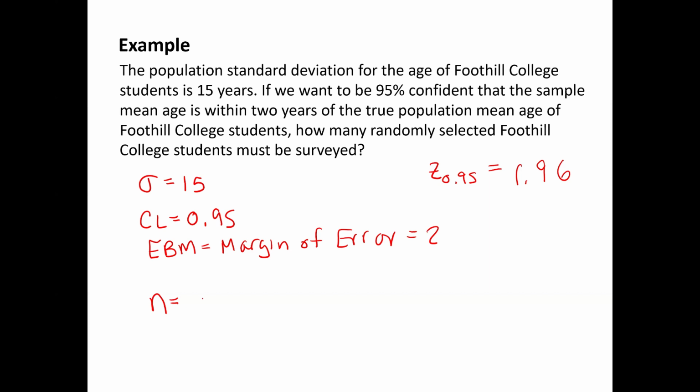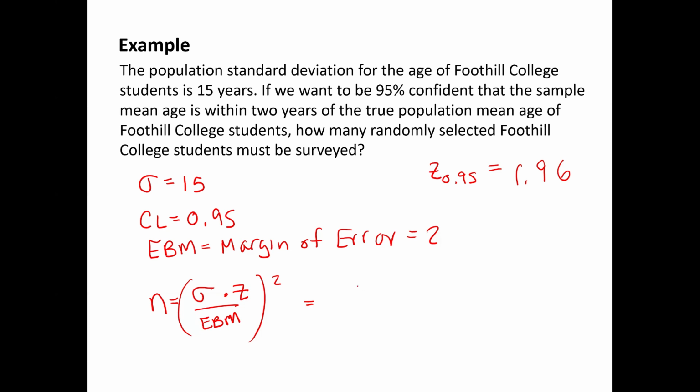So we take sigma times Z over the margin of error, and we square it. You can square each one and do this division, I just do the division and then I square it.